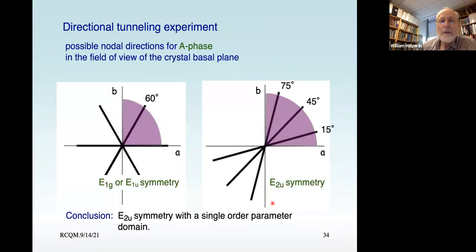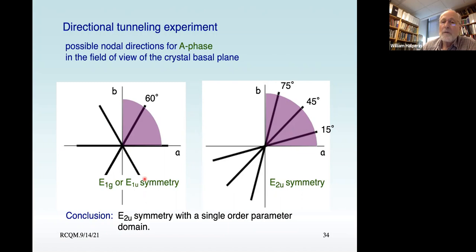However, it's not so simple, because there are potentially 3 domains which form. You have a hexagonal crystal, and the A direction and the B directions will be 3-fold multiplets. And so, in fact, for the E2U state, which I've just shown you, it's not just at 45 degrees, but you'd also expect a node at 15 degrees and at 75 degrees, or you would expect at least macroscopically to get a distribution of nodes with these 3 orientations, whereas there is nothing at 45 degrees for E1G or E1U.